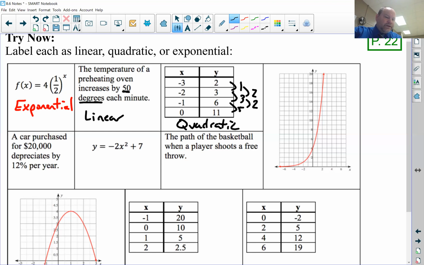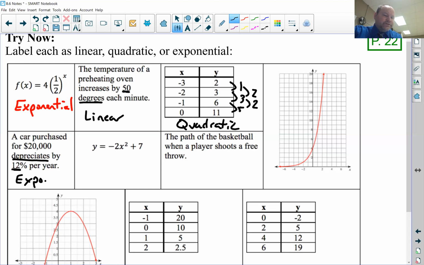Here we have one kind of a new situation. It depreciates or decreases by 12% per year. And in our definitions, we said if it decreases by a percent over time, that was exponential.